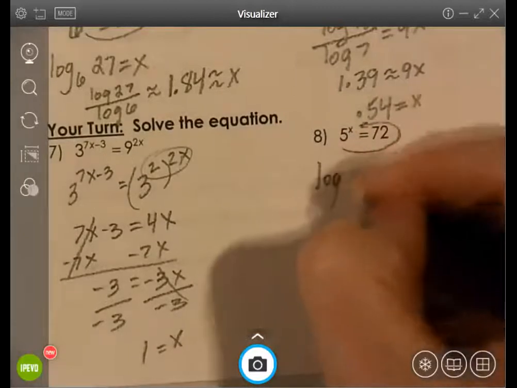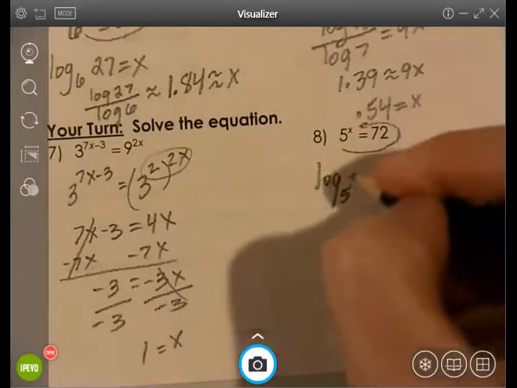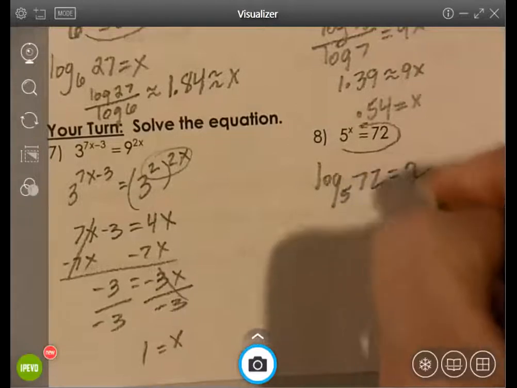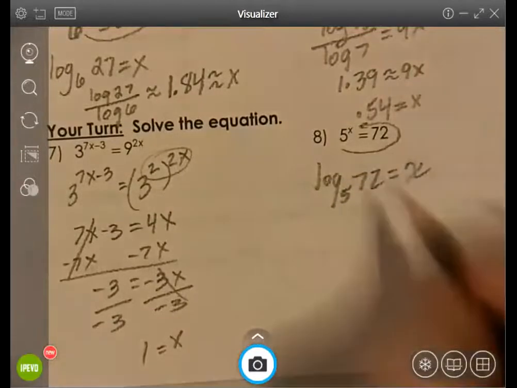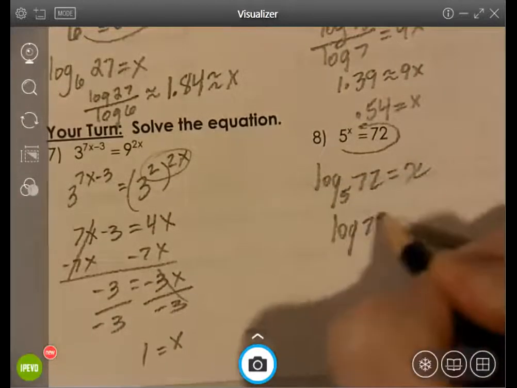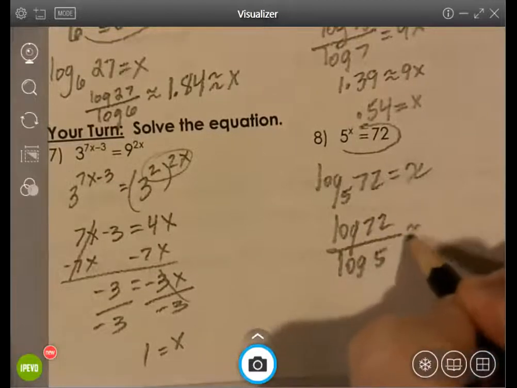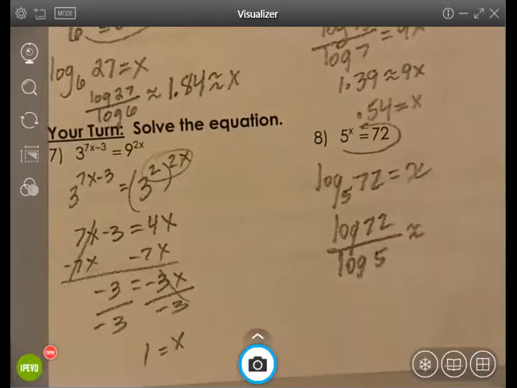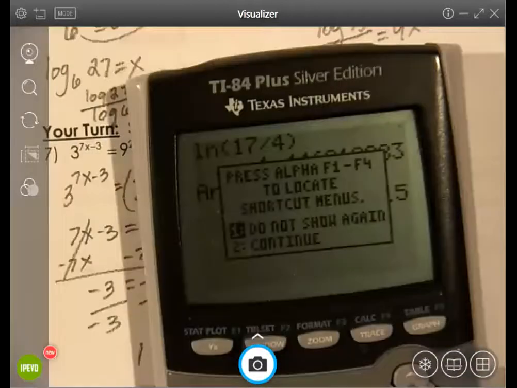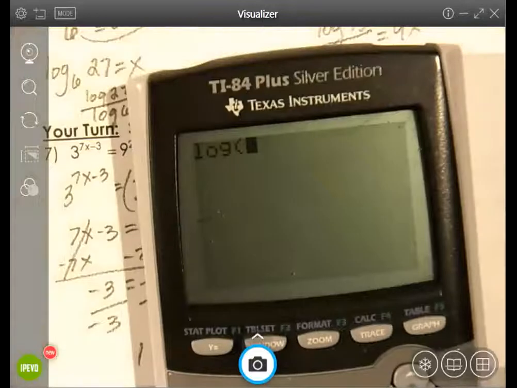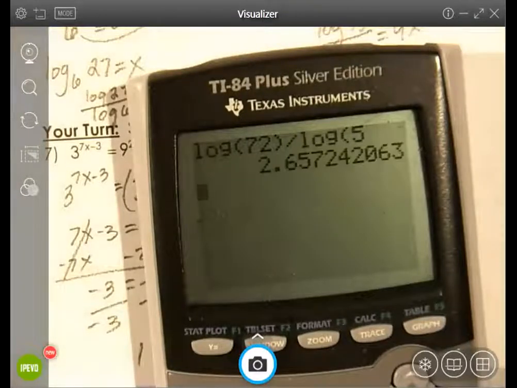Here we have the log base 5 of 72 equals x. So log of 72 over log of 5 is going to be approximately log of 72 over log of 5. 6.66.